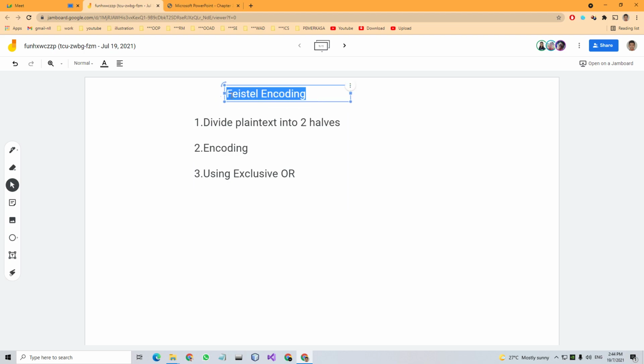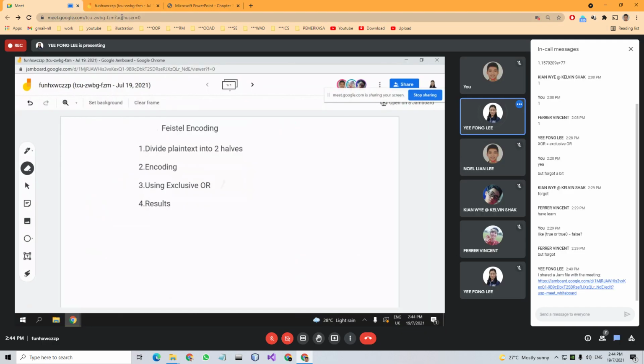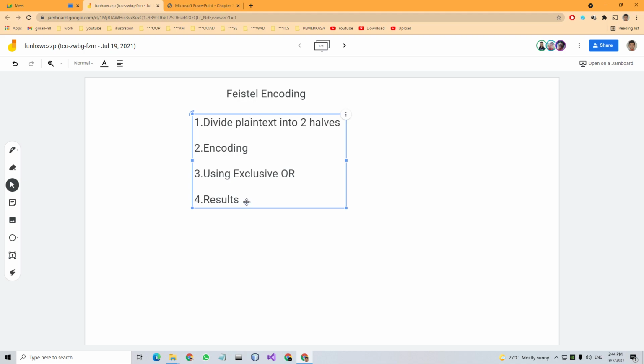And then after that, the last step will be the results. Okay, good. Leave me some space. You can reduce the size of the text box.